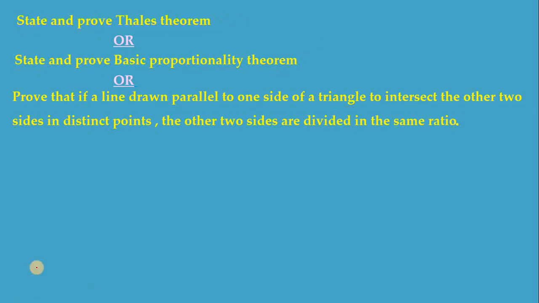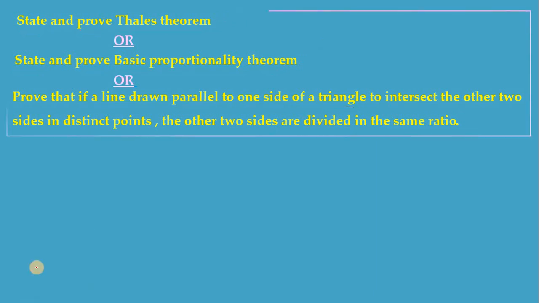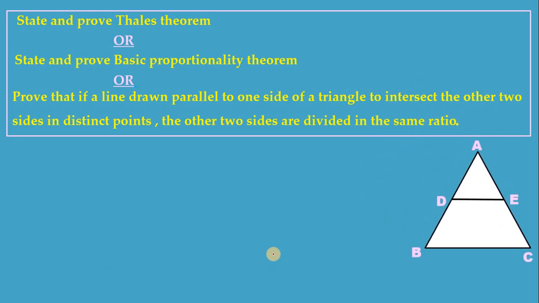The figure related to this theorem is a triangle, and in the triangle a line DE is drawn parallel to BC. This DE divides AB and AC as AD by DB, which equals AE by EC. This is what we have to prove.